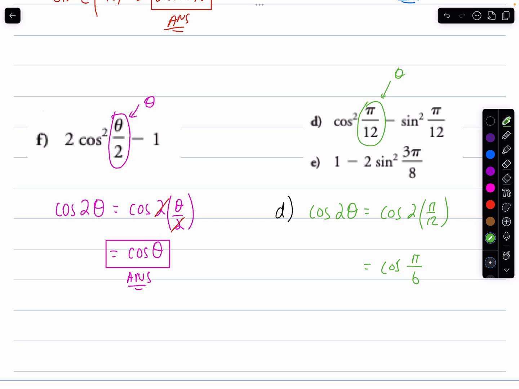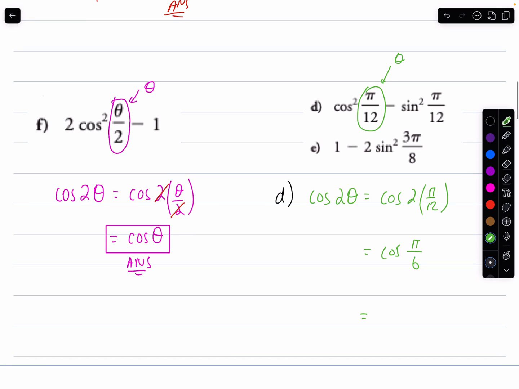We can actually solve cos pi over 6 because we know the special triangle for it: pi over 3 here, pi over 6, root 3, 2, 1. So cos pi over 6 is root 3 over 2, and that will be our answer.